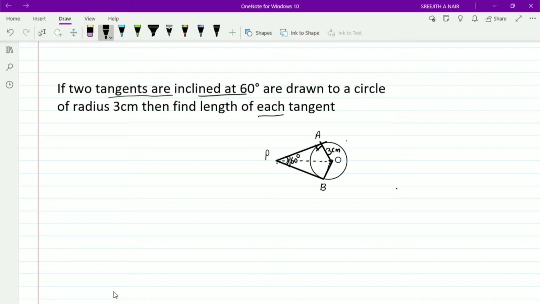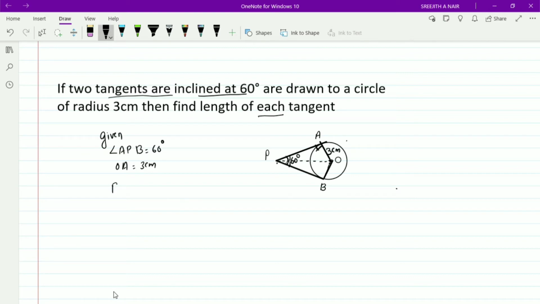Now we can write what is given in the question. Angle APB is 60 degrees. OA is equal to 3 centimeters. We should find out PA and PB.